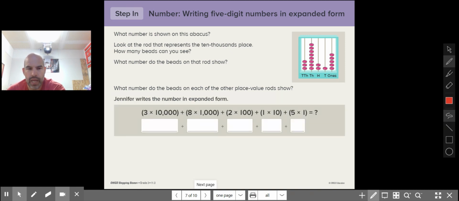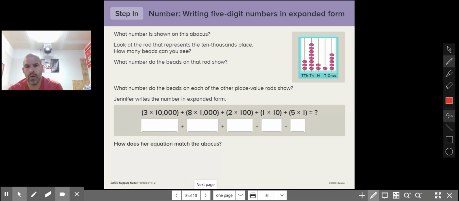And so if we were to represent that in expanded form, we would say 30,000 plus 8,000 plus 200 plus 10 plus 5. I know my numbers aren't perfect. I hope you can forgive me for that, but it's a little difficult to write on my screen.